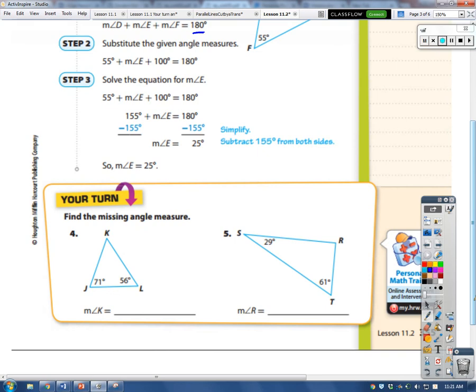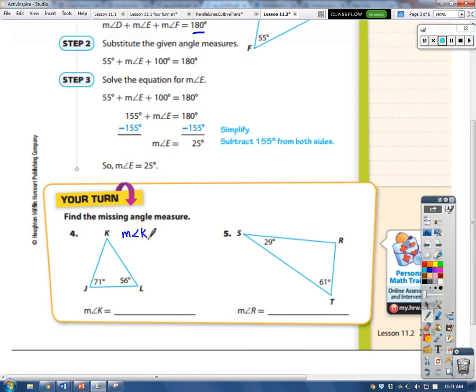So we are looking for the measure of angle K in this first one, number 4. We have the measure of angle J and the measure of angle L. So I'm going to write this out a little bit long-handed, but most of you will be able to just kind of power through this because you know what you need to do. So I'm just going to reinforce that rule that the measure of angle K, oh, I did it backwards again. Oh my gosh, I am on a roll here.